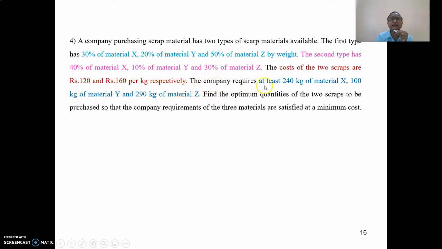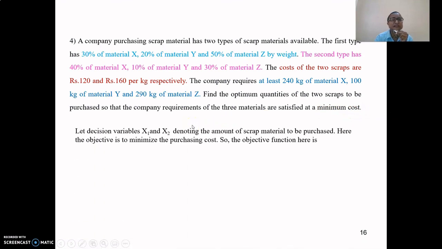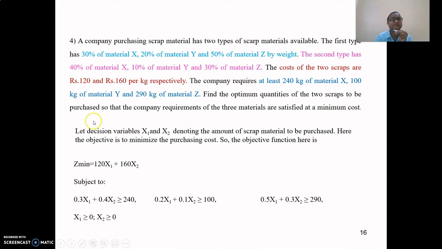The company requires at least 240 kg of X, 100 kg of Y and 290 kg of Z. Find optimum quantities of the two scraps to be purchased so that the company's requirement of three materials is satisfied at minimum cost. Since the minimum cost is given, the objective function is minimization.